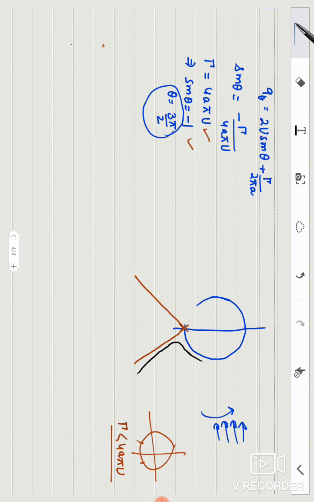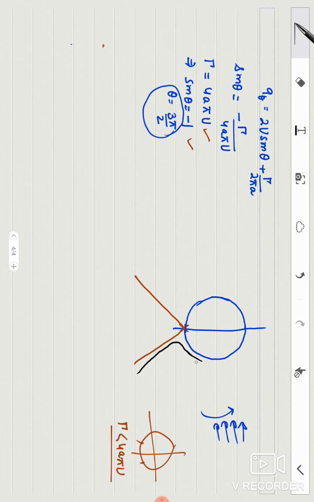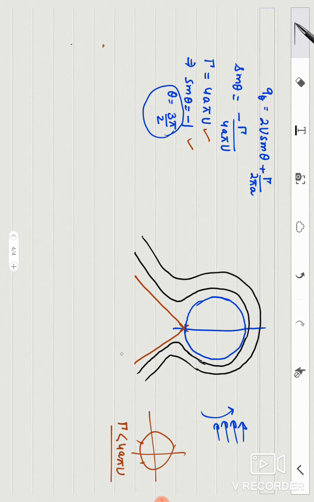First of all, I have to complete this cylinder, and then this is the flow line. This is the flow line. This is the flow line. This is the direction because you are taking it anti-clockwise. These are the directions. So it is the flow pattern.